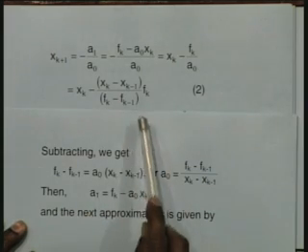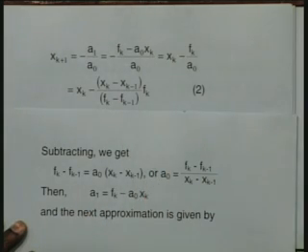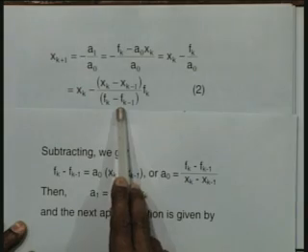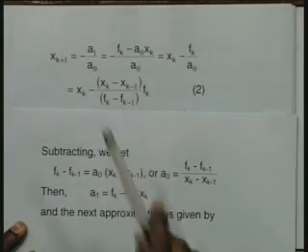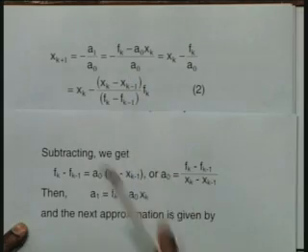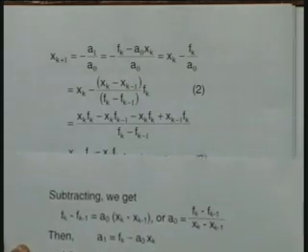Now this is the required formula, which we shall call the secant method or the chord method. However, we can also simplify this, that is, multiply these two and simplify further.